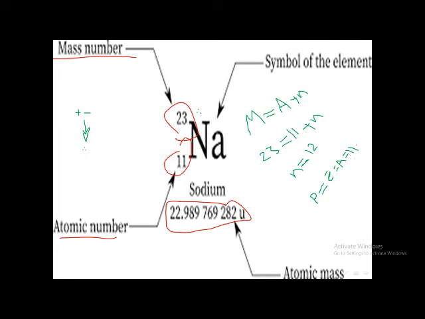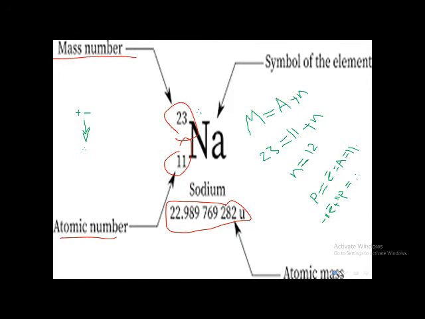So we have 11 electrons and 11 protons. One is plus and the other is negative. Minus 11 plus 11 gives you a 0 charge, and that's why the sodium atom is neutral.